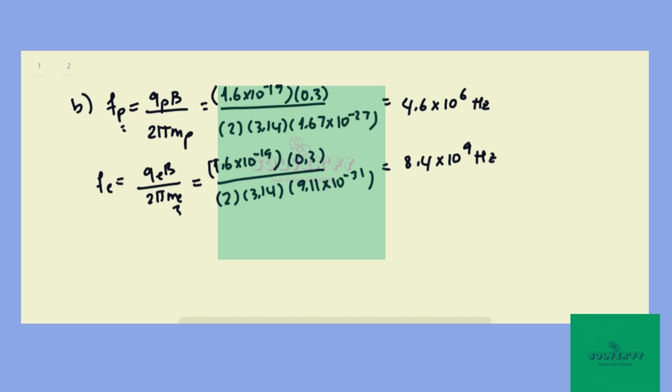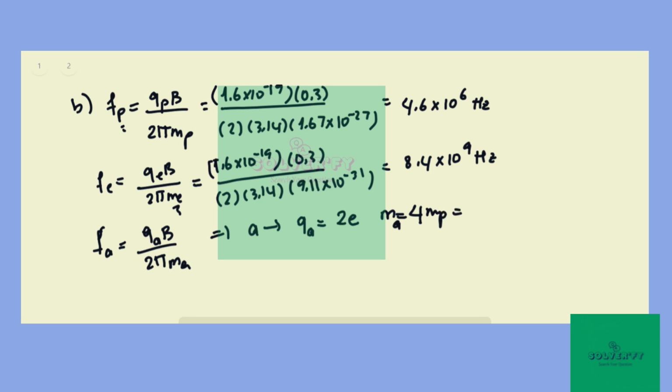Now, let's do the same for the alpha particle. For the alpha particle, we would have q alpha over 2 pi m alpha, right? As you know, in an alpha particle, we have q to be 2e and m to be, let's call it, 4 times the proton mass. And then if we do the conversion between the mass of a proton and the mass of an electron, we have 1,836 times the mass of the electron.